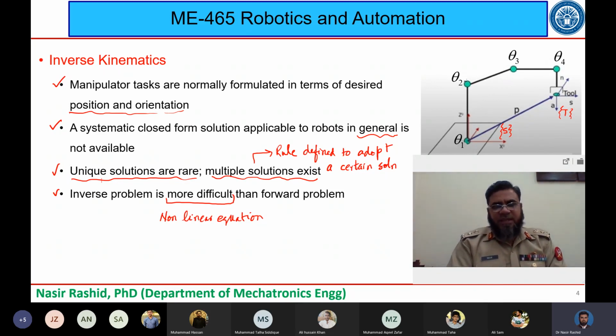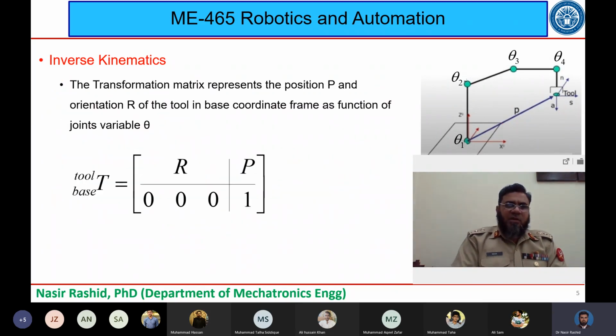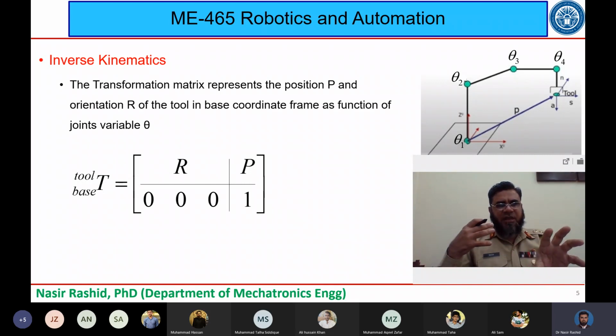Okay. So if we are clear until this point, we will move forward. This is again a repetition: we talk a bit about forward kinematics and then map forward kinematics to inverse kinematics.